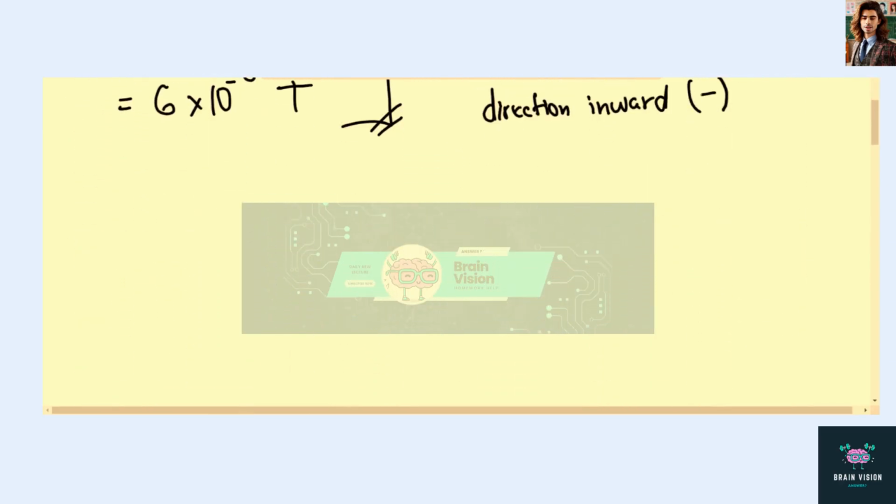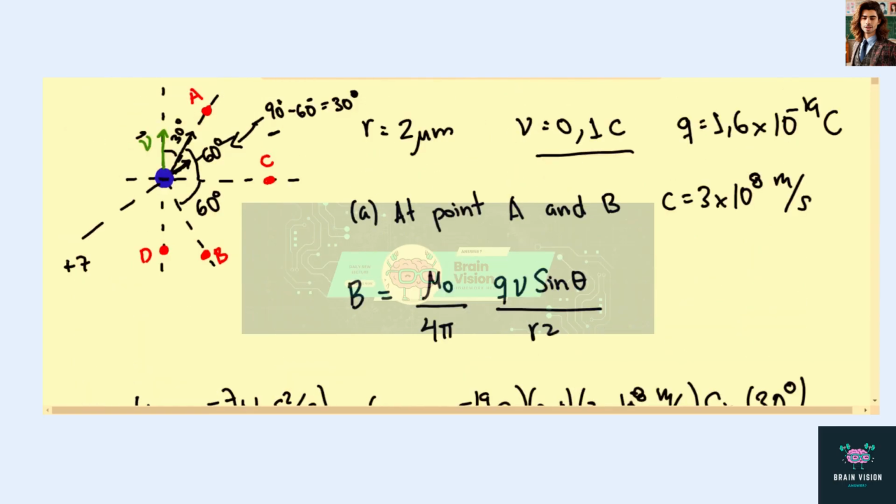Now for the same part, to obtain the magnitude of the magnetic field for the point B, we have that the angle between the velocity vector and the position vector of the point B is, if we need to sum all of this, we need to sum 90 degrees, and put in another color, you need to sum this 90 degrees and also this 60 degrees.